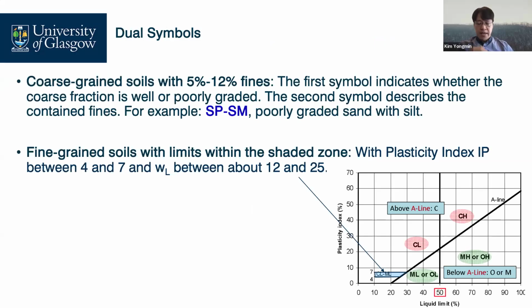But even if they have dual symbols, the engineering behavior is quite similar to nearby soil classifications. CL-ML is dual, but I don't think their engineering behavior is quite different from ML or OL. The only difference is the liquid limit. CL-ML is on a little bit lower side of the liquid limit, and plasticity is quite specific, 4 to 7 only.